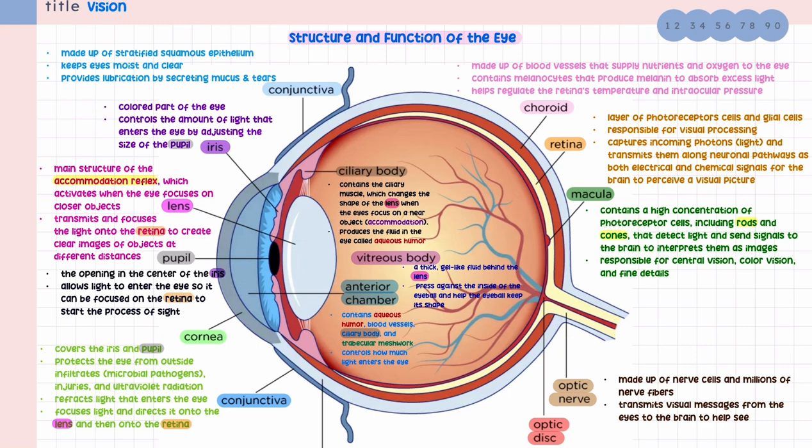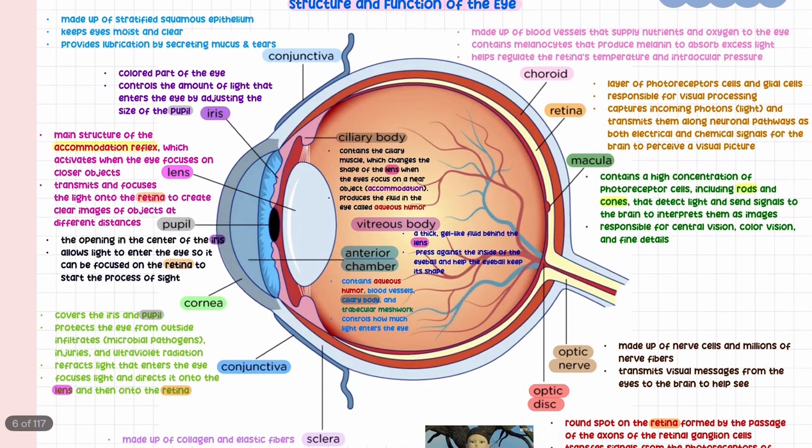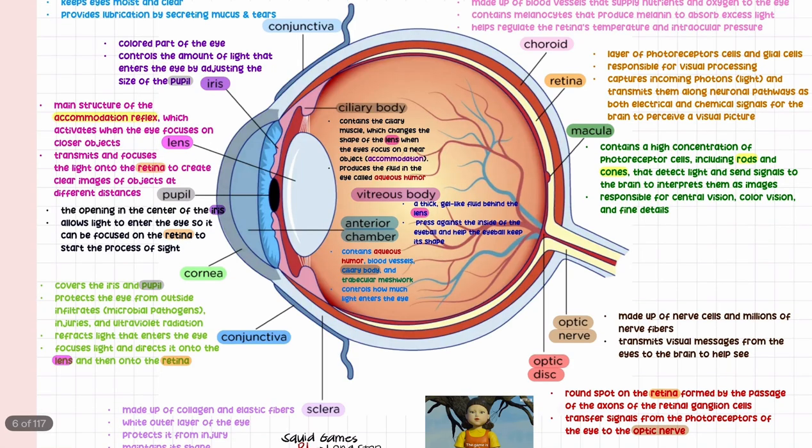They're called rods and cones. So these rods and cones detect light and they send signals to the brain so our brain can go ahead and interpret the image. The macula is responsible for central vision, color vision, and fine details. We'll go into more depth about rods and cones and their differences.